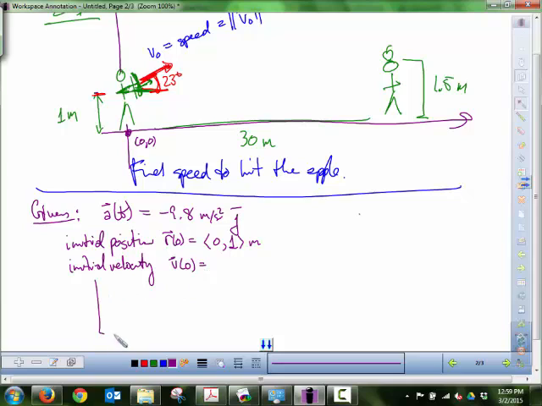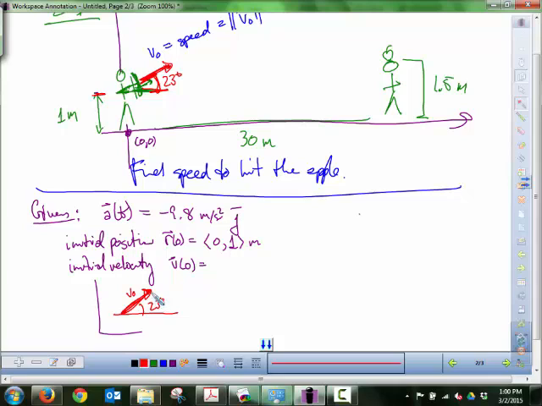And before we fill in what this is equal to, let's redraw this arrow, which is going to be the vector that we're talking about that has an angle of elevation of 23 degrees from the horizontal, and then it has an initial speed of v naught, which we don't know.